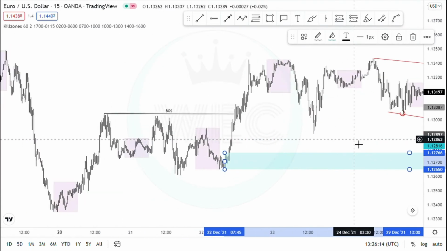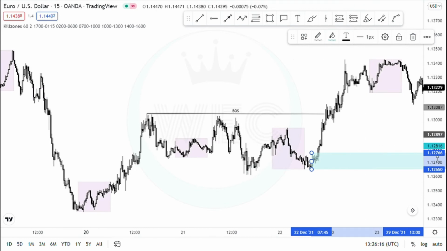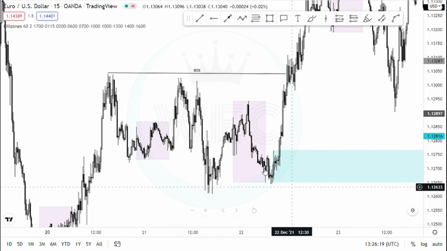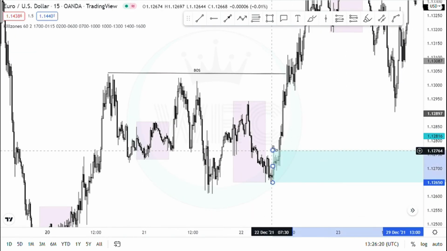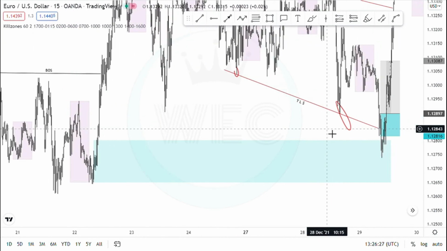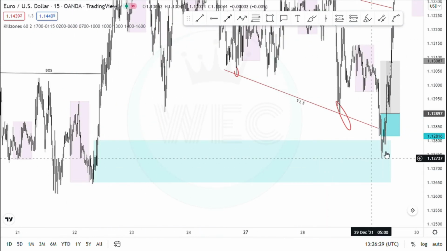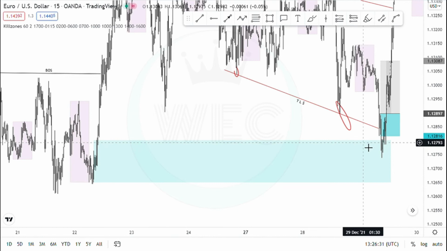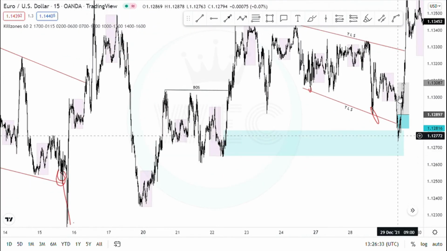Price needed to come to a particular candle within this zone, of which I teach properly. I'm not going to be revealing everything over here. So price needed to come to that level, which it did. Then you can capitalize on that buy move to the upside.